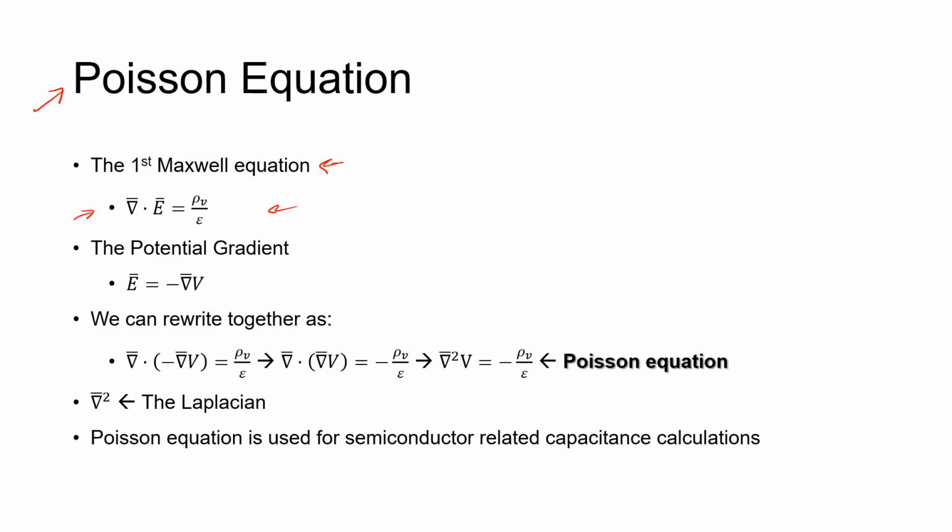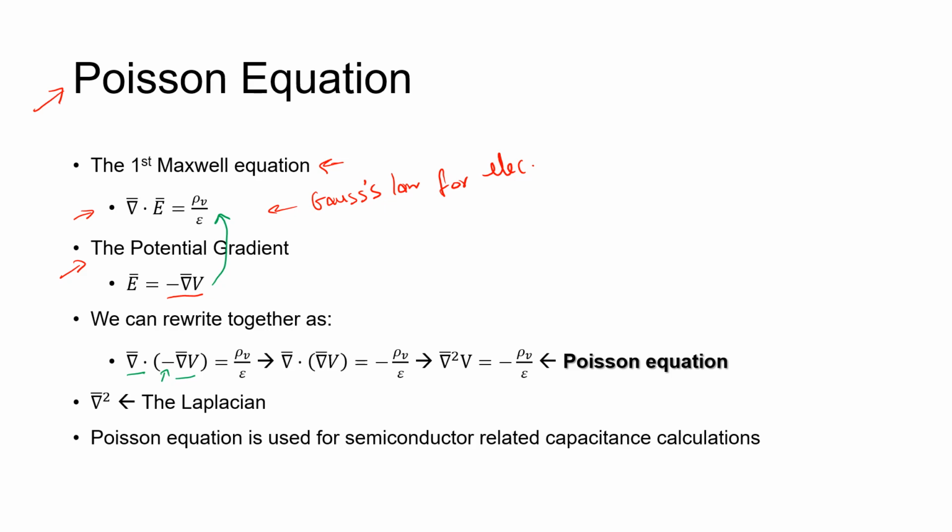This was from Gauss's law for electricity. Also we know that E equals minus gradient of V. So we can substitute this equation here, and you get div grad V, and don't forget the minus here, equal to rho V over epsilon.